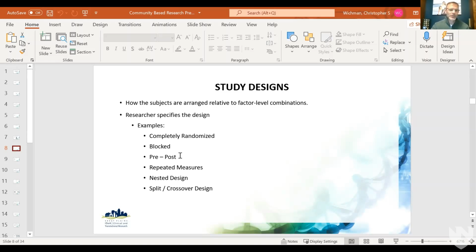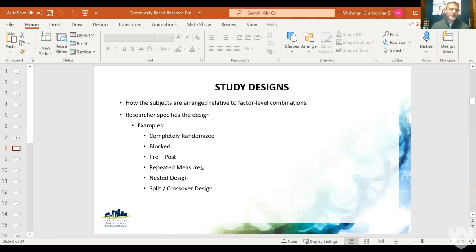Then we have a pre-post design. This is where you take measurements at the beginning prior to intervention, and you take measurements after. This can also be referred to as a within subjects design, although I can do a between within design where I'm doing pre-post measurements on subjects as well as having subjects in different conditions and looking across at the post time point.